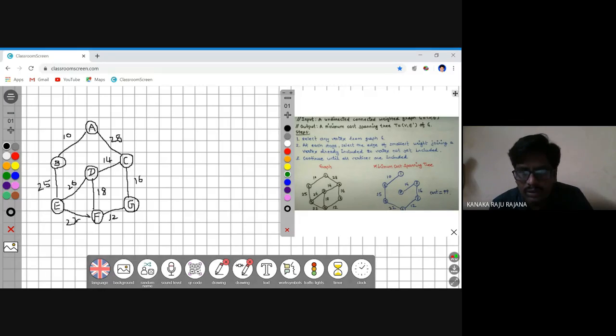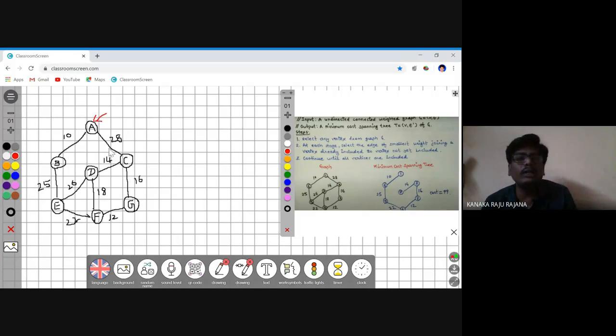Yes, thank you. Now what we need to do is follow three major steps. Step number 1: select any vertex from the given graph. I am going to consider the starting vertex as A. At each stage, select the edge of the smallest weight joining a vertex already included to a vertex not yet included.